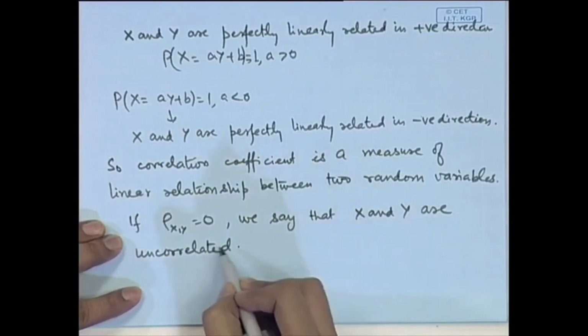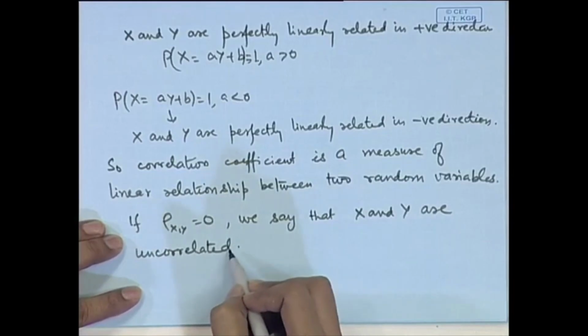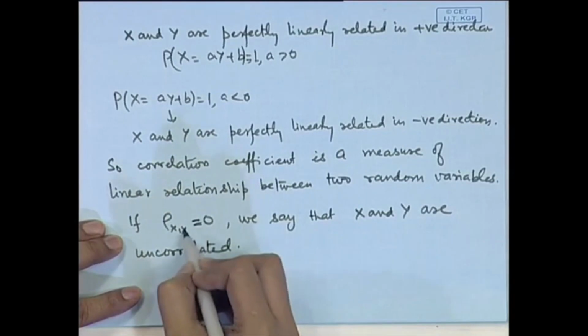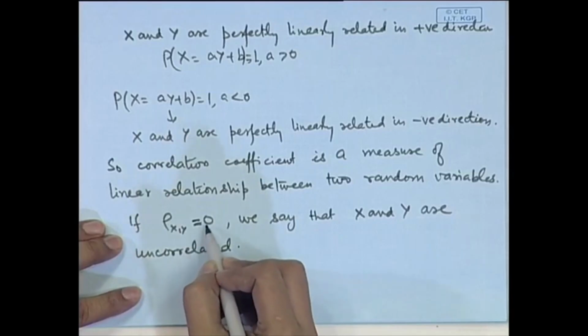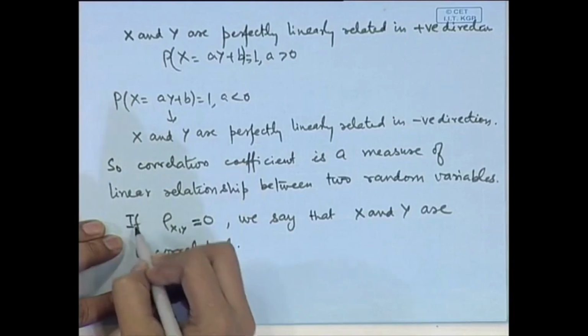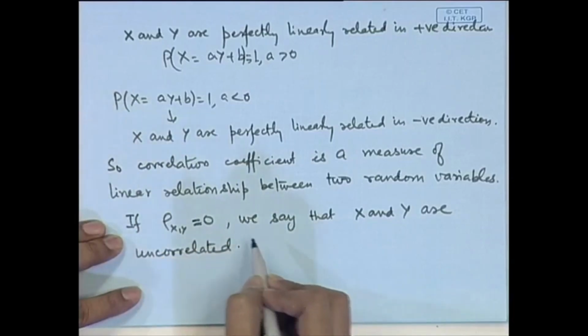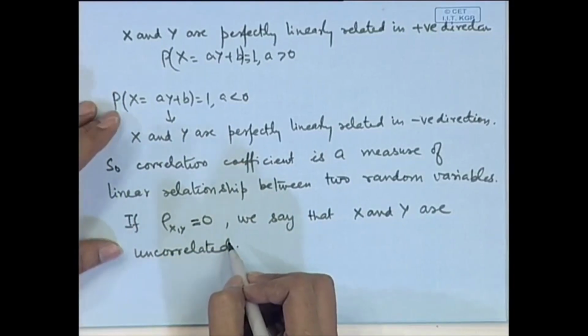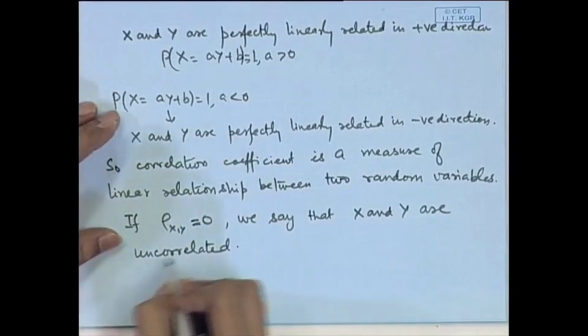At this point, it is important to understand the difference between uncorrelatedness and independence. If we say that the random variables are uncorrelated, it does not mean that they are independent. Of course, if x and y are independent, it will imply uncorrelatedness, because if x and y are independent, then the covariance term is 0, therefore the correlation term will also be 0.